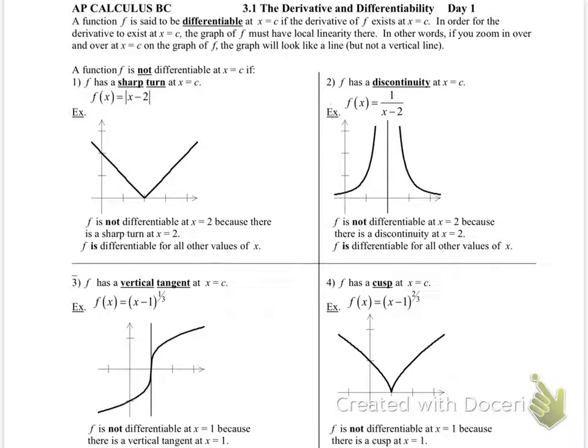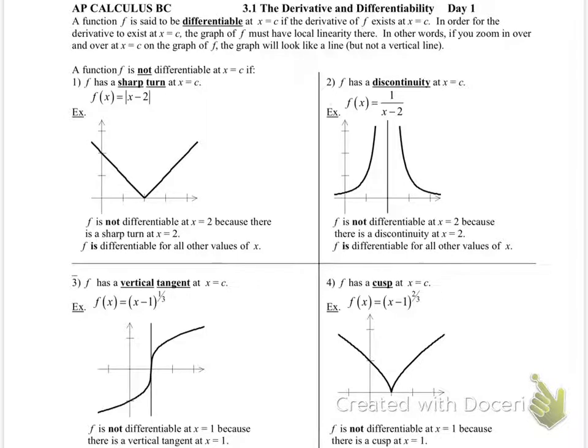A function is not differentiable at x equals c if f has a sharp turn at x equals c, if f has a discontinuity at x equals c, if f has a vertical tangent at x equals c, or if f has what is called a cusp at x equals c.